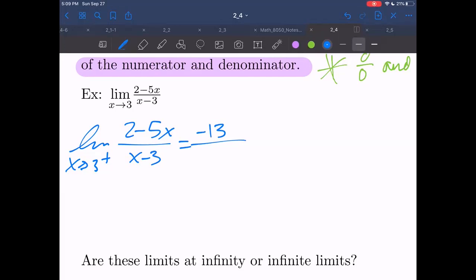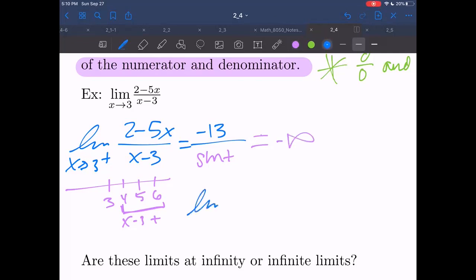We can't plug 3 into the denominator, so we have to look at the signs. As x approaches 3 from the right, I'm looking at all of these values that are bigger than 3. So x minus 3, if I subtract 3 from any of these, I'm going to get a positive number. So negative 13 divided by some positive number is going to give us negative infinity.